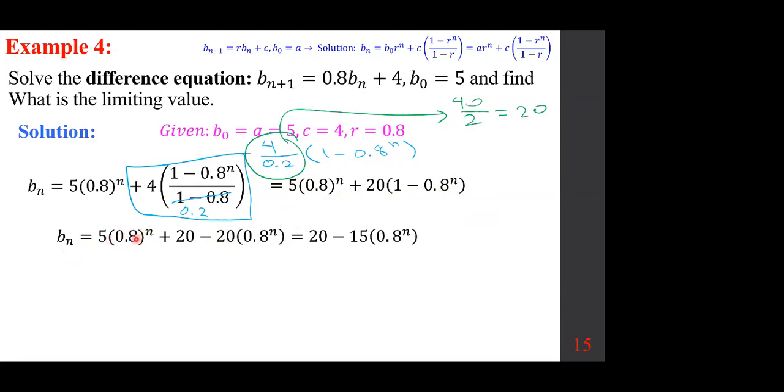Now 5x and minus 20x, they add up to negative 15x. In other words, this one and this one, they add up to negative 15x or negative 15 times 0.8 to the power of n.